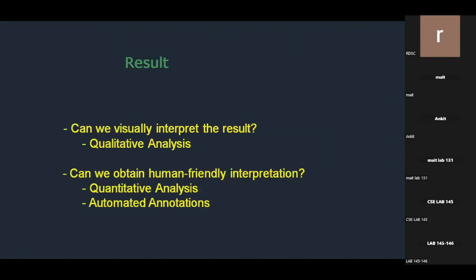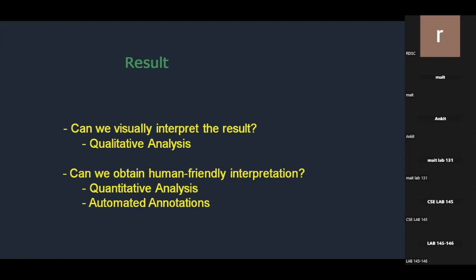Once you are done with the modeling part, you come towards the results, and the results include two aspects. Once you get results, can we visually interpret them? For example, with images you get some segmentation, and you can see that the segmented part looks okay. That is called qualitative analysis.